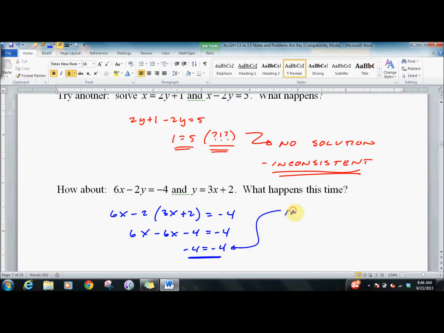This one is an infinite number of solutions. It's the same line. It's consistent and dependent.